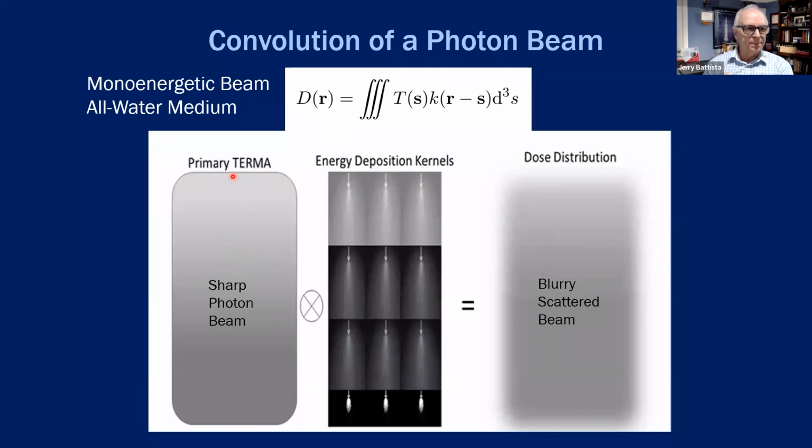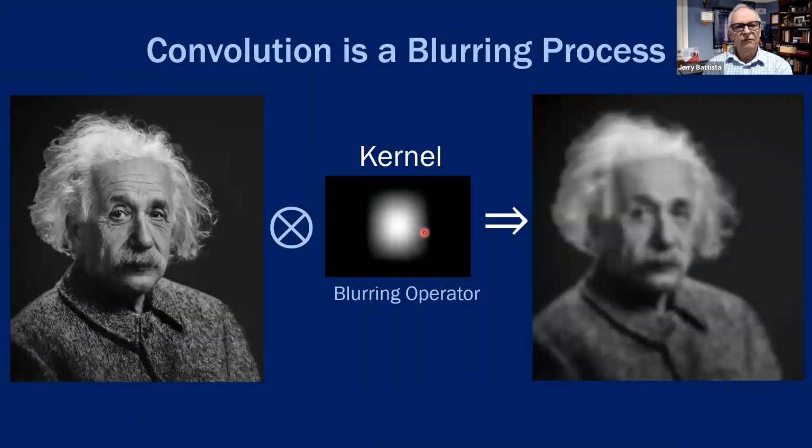So you have a sharp terma beam, and when you convolve it with these patterns, you end up blurring that deposition pattern, and you have a blurred dose distribution, which is very nice. It has the build-up region in it, and it has the penumbra flaring here. So that's kind of nice. And if this is for the students and the trainees, just think of convolution as a blurring process.